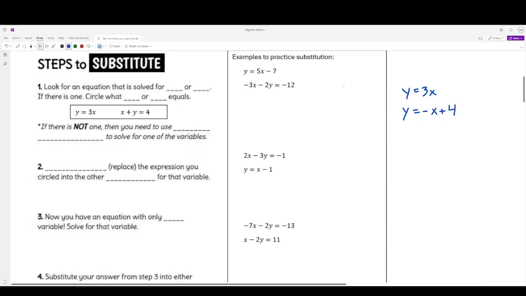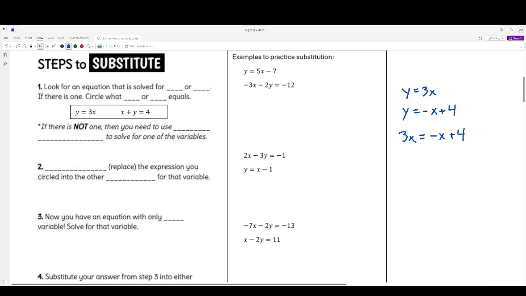These kinds of systems you have solved in the past, probably as word problems, where it says, when will they be the same? For this, we are basically saying the y value is the same, so we drop the y's and put 3x equal to negative x plus 4.